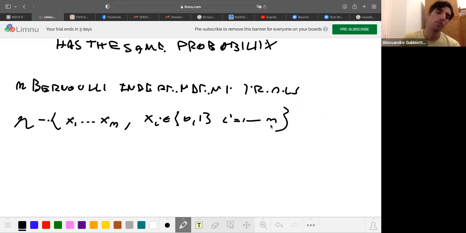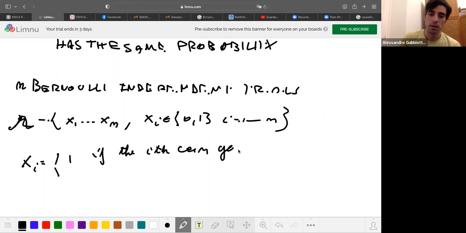This is the space of n coin tosses. Then we define xi equal to 1 if the ith coin gave heads, 0 otherwise.